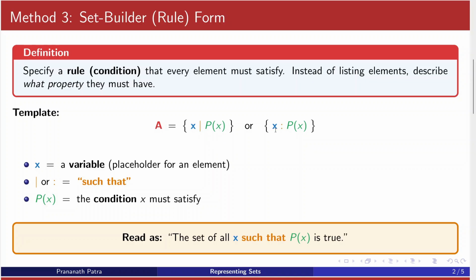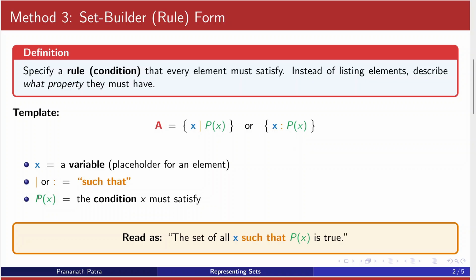Let's break down what these symbols actually mean. The lowercase x acts as a variable. It is simply a placeholder for any general element that might belong to our set. The vertical line, or the colon, is a very important mathematical symbol. It translates directly to the phrase, such that.